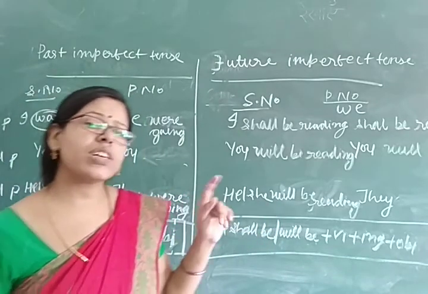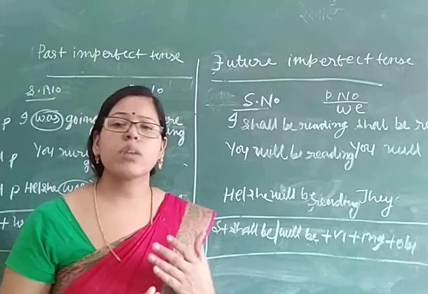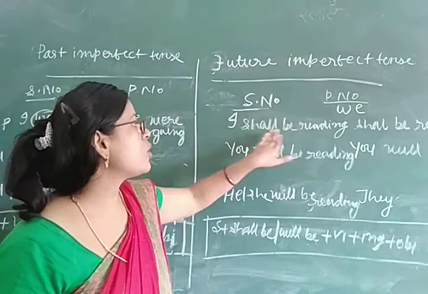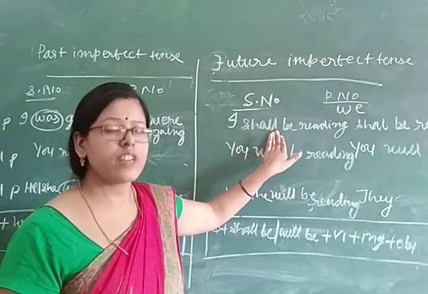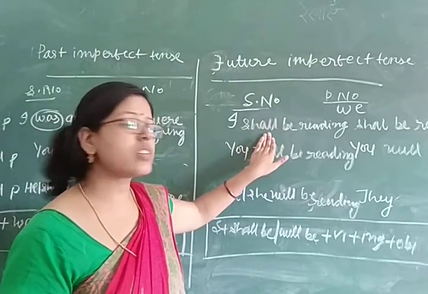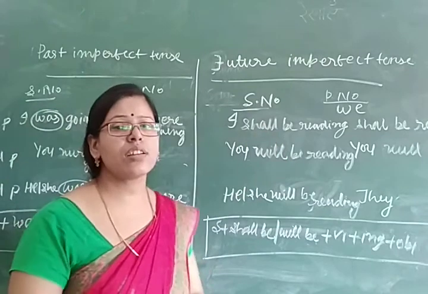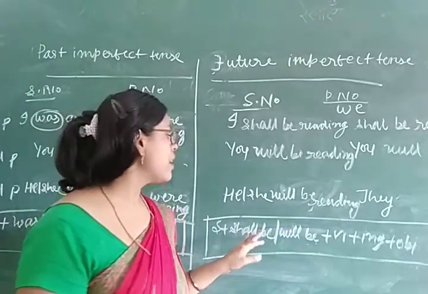So everywhere we are talking about some progressive action. Here we are talking about the action which will be in progress in the future. So here we are talking about progressive future action. This is very easy to understand. You need to learn one Hindi sentence in every tense.